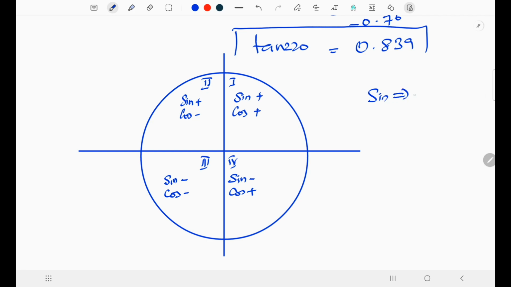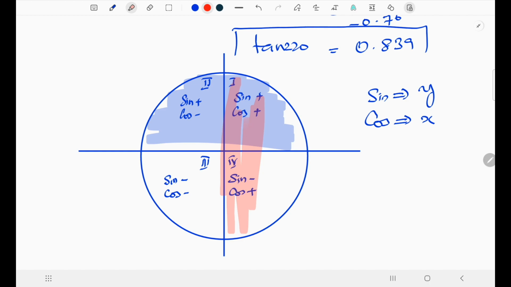And the fourth quadrant, sine is negative, cos is positive. Sine always corresponds to y, cos always corresponds to x. That's why wherever the y is positive, the sine is also positive. Wherever the x is positive, cos is also positive.